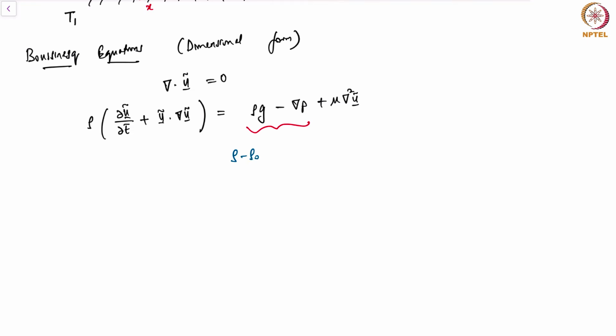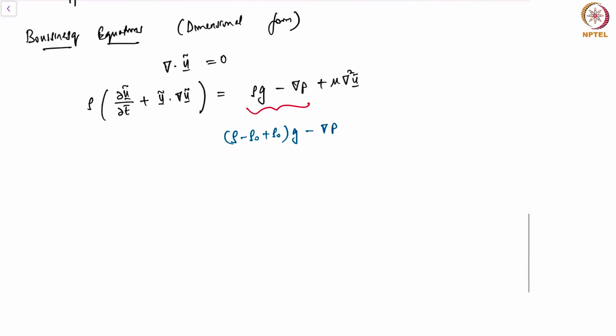rho minus rho naught plus rho naught into G minus grad P. Okay, we will now say let P be, I should not forget that these are all dimensional quantities. So P will be P hydrostatic plus a P dynamic.